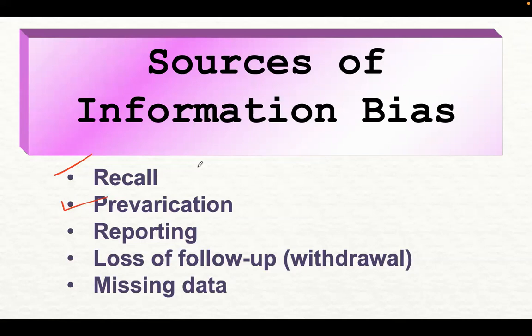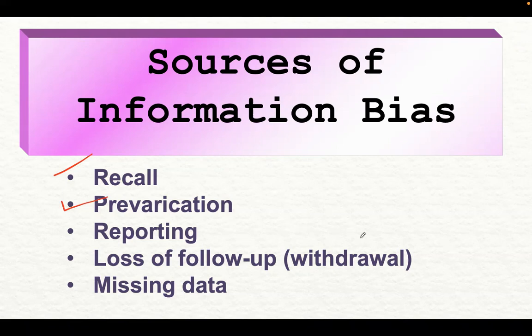Let's say we have a prospective study with a control group, and our timeline is 5 years, because we want to know whether malunggay extract grows hair in our patients who are going bald. Then suddenly some patients withdraw for some reasons. Some no longer want to continue, some died, some got sick, some moved to another place, or some just don't want to continue with the study. That is where loss to follow-up or withdrawal comes in.